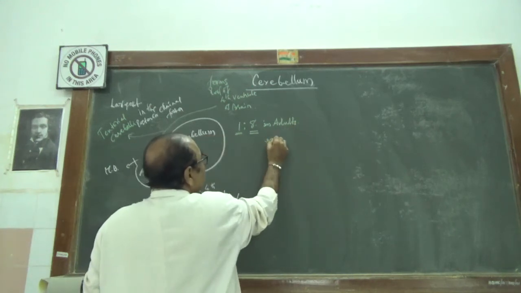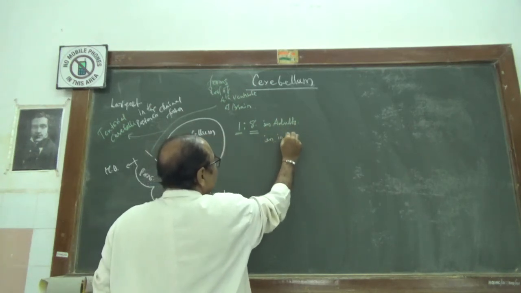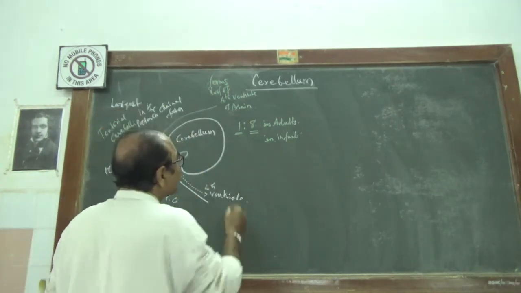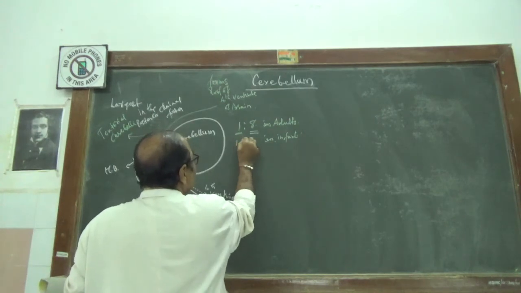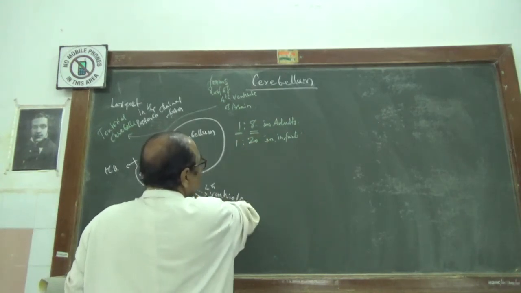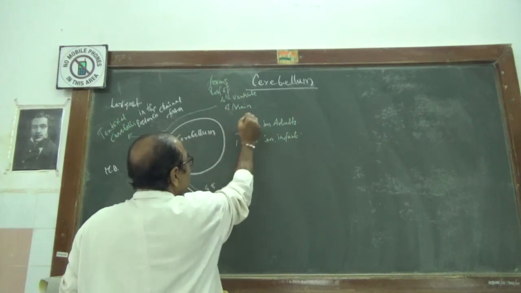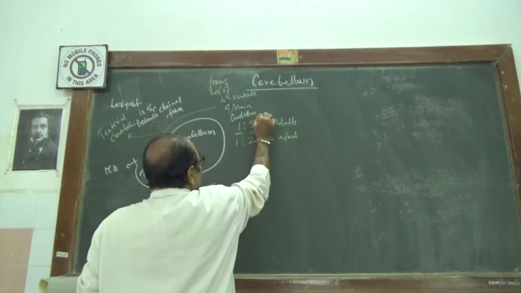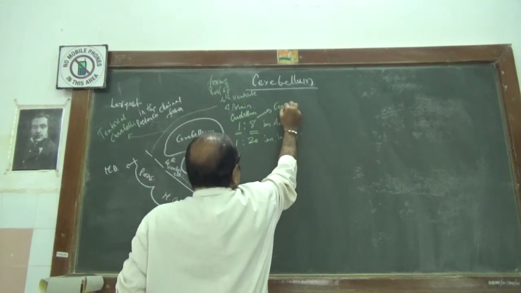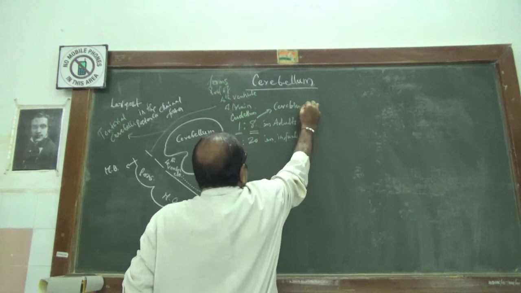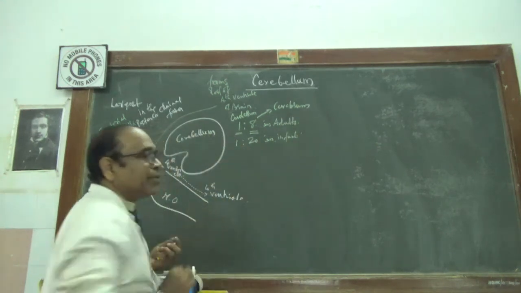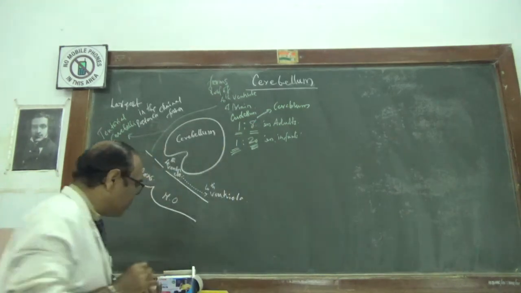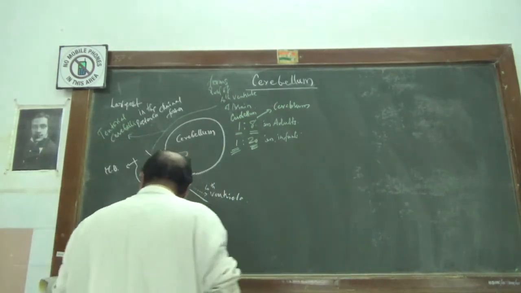But in infants or in newly born neonates, it is 1:20, cerebellum versus cerebrum. The size is like this.